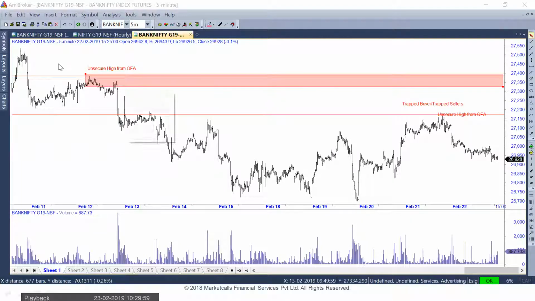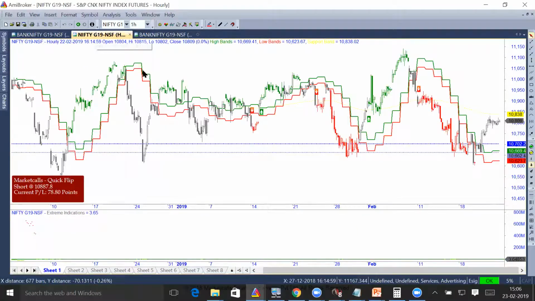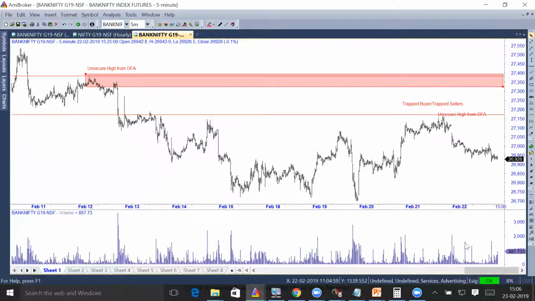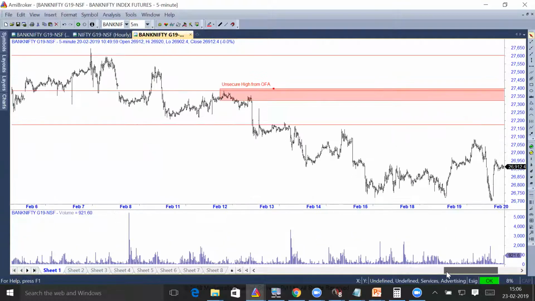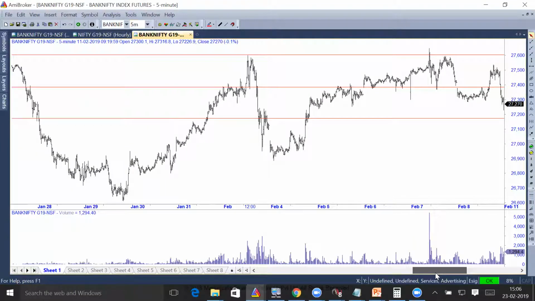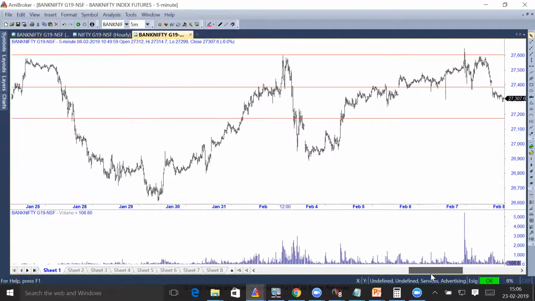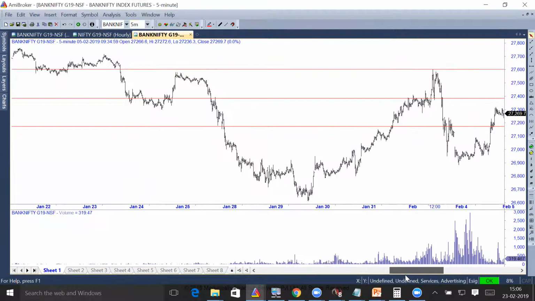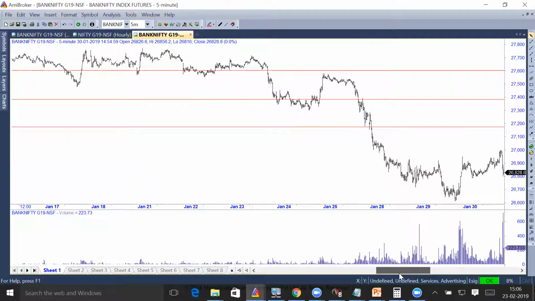Okay, so if you look at the screen, let me take 30-minute charts. A 5-minute chart should be doing good. Mostly in Jan. It was a kind of fake breakout, but the recovery was really strong.